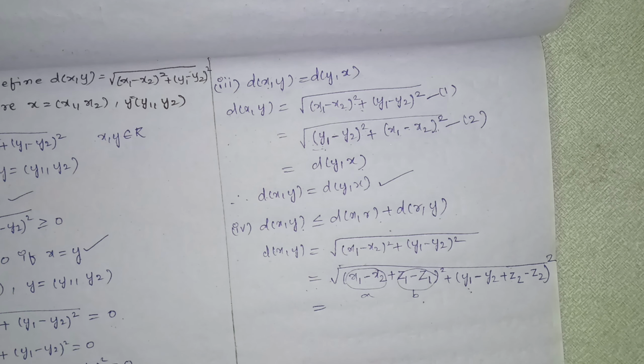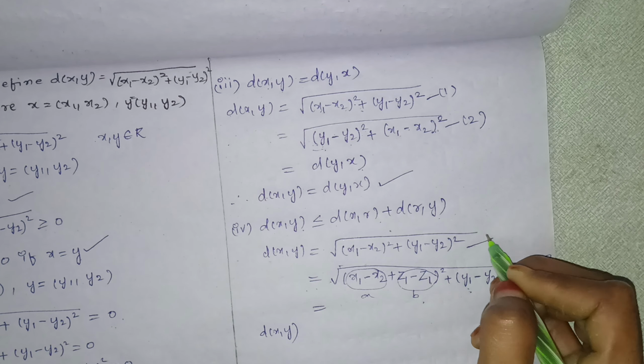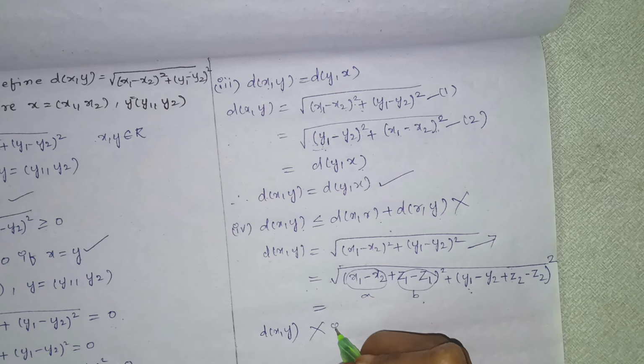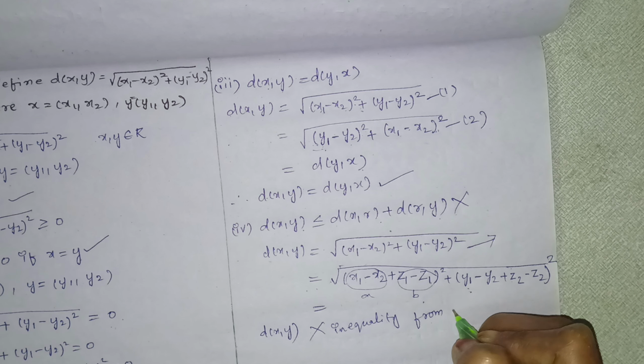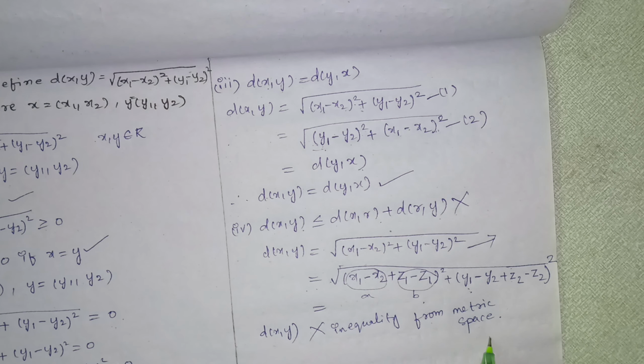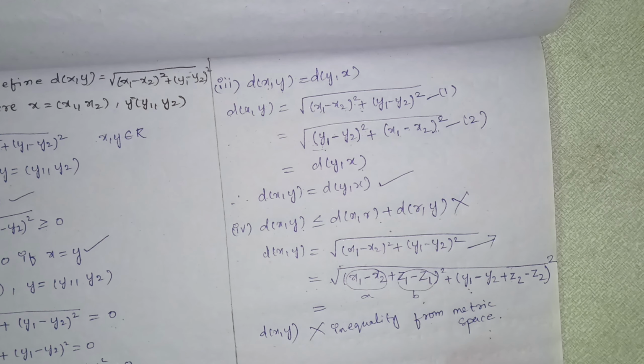So this d of x comma y does not satisfy the inequality property of a metric space. It is not satisfying. So that's why this problem is not a metric space: X equals R square with d of x comma y is not a metric space.